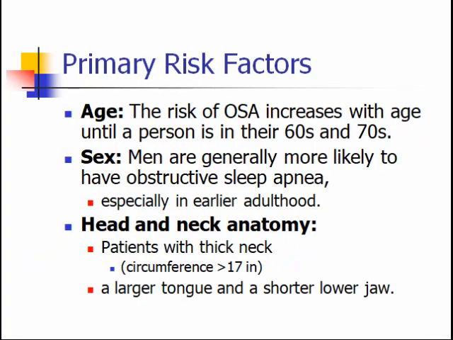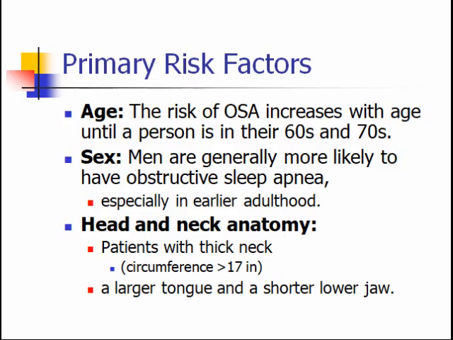Some of the risk factors for getting OSA is age. We have an increased risk of obstructive sleep apnea with age until we reach our 60s and 70s. And by then, if you don't have it, you're probably not going to have an issue. Sex.